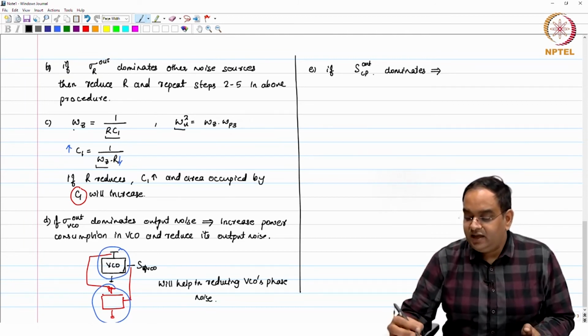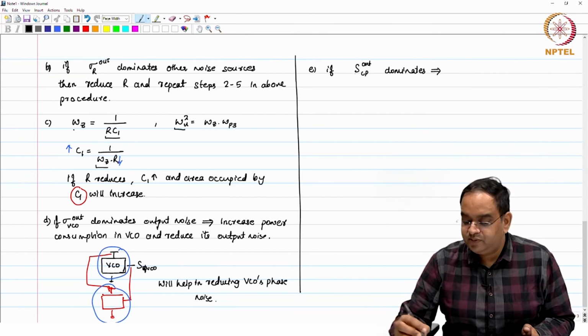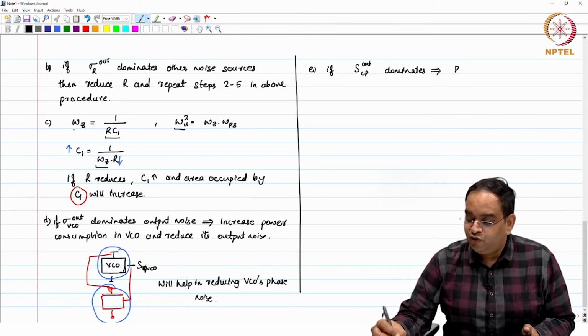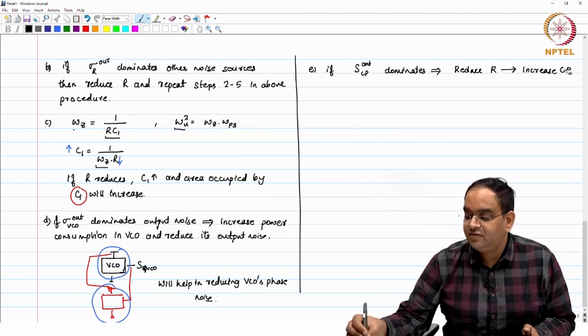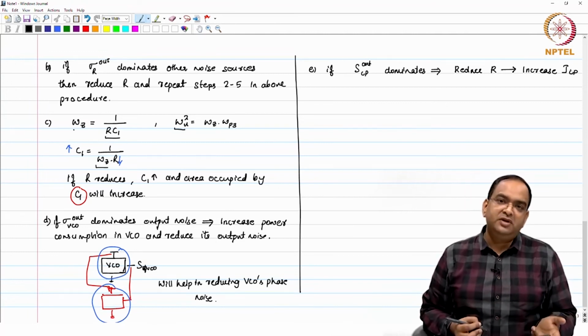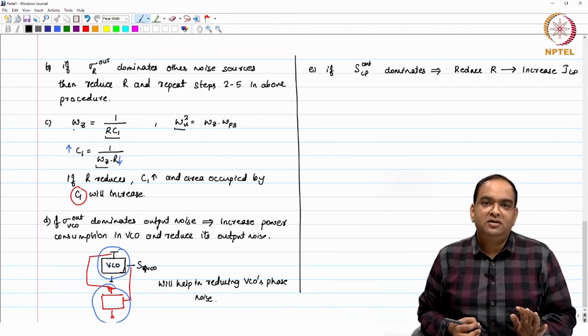So in that case, if charge pump noise dominates, you first reduce R; this will increase the charge pump current, ICP, and if it increases ICP, charge pump noise will reduce. Okay.